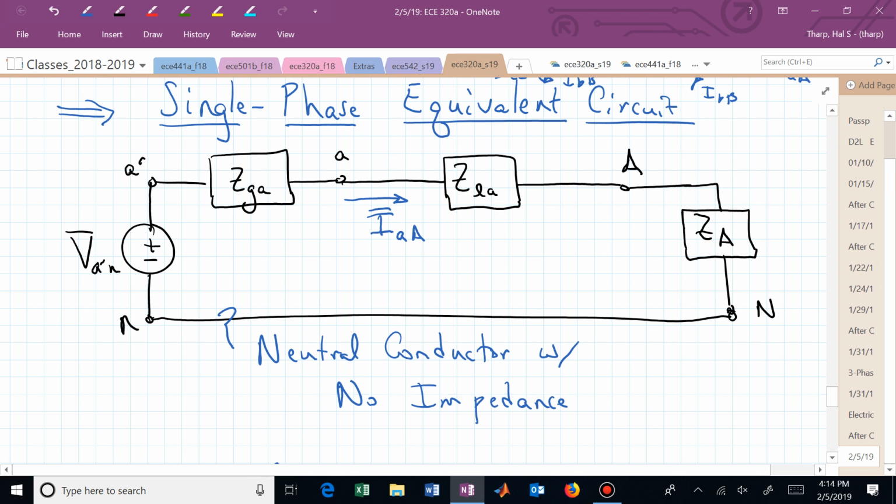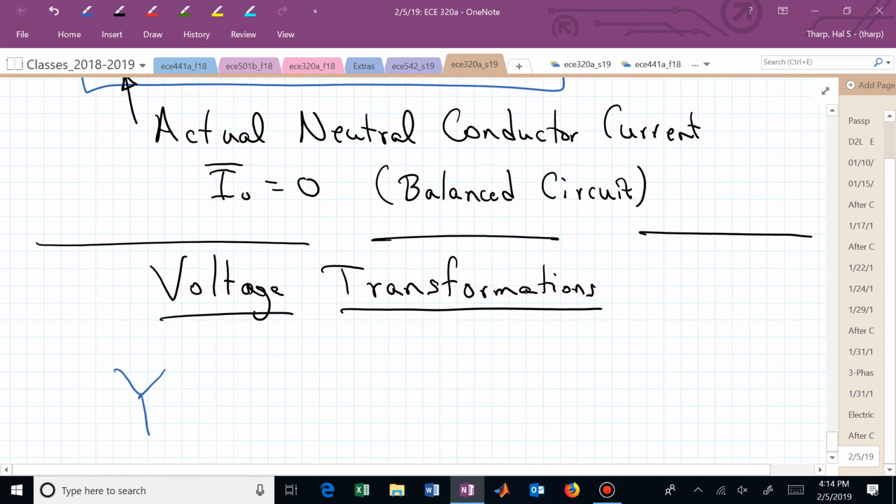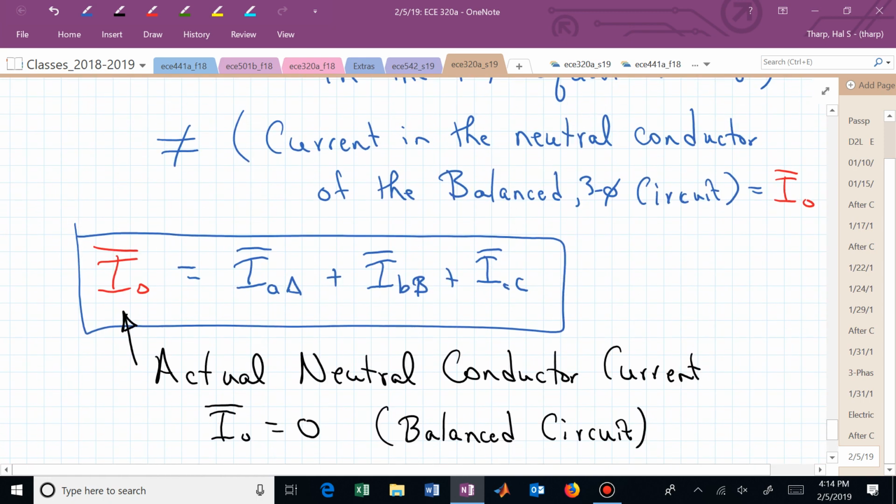All these ZGs, all the ZLs and the ZAs, or the ZB, are equal. That's the assumption we are living on, that there's no impedance in that neutral conductor, and in the three-phase system, there's no current going through it. And if there's no current, then there's no voltage drop across it.